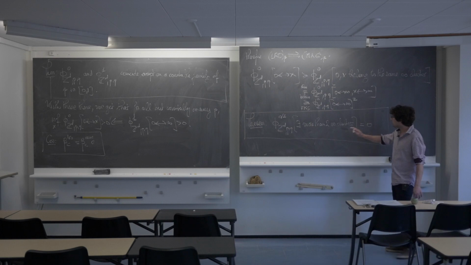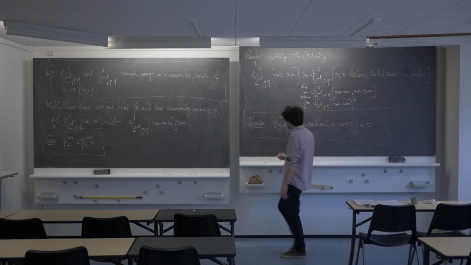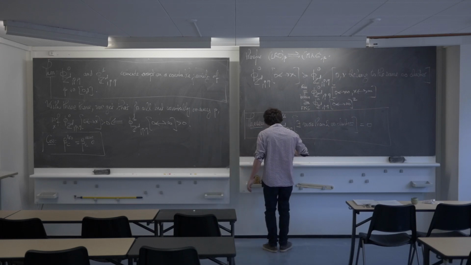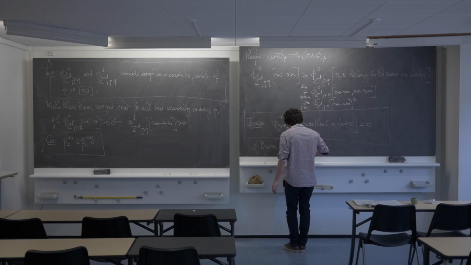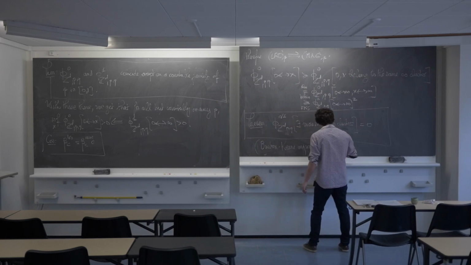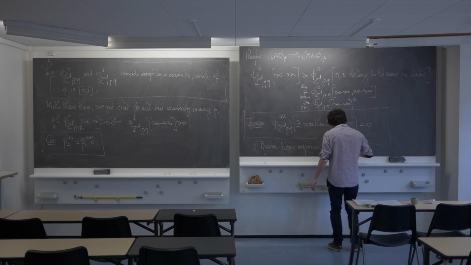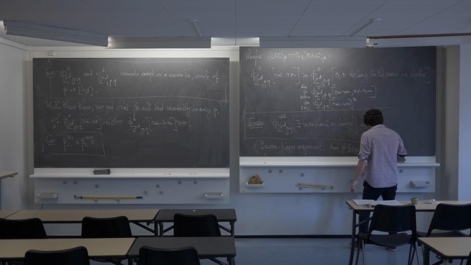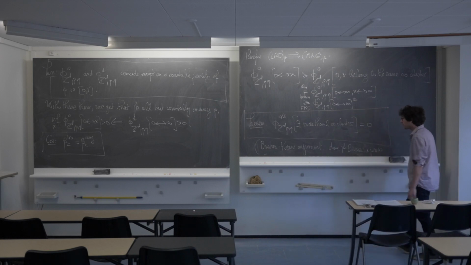This is called the Burton-Keane argument, and it was done for Bernoulli percolation in the lectures of Vincent.